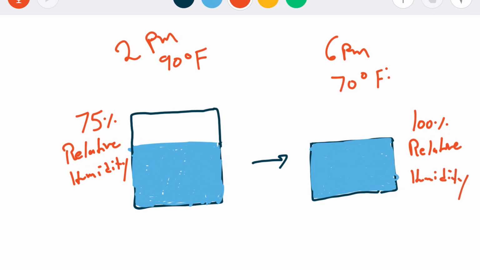And when the air reaches 100% relative humidity, we call whatever that temperature is for the day our dew point. So in this particular example, 70 degrees Fahrenheit was our dew point. And it could either start raining or it could condense the air back into water droplets from being a gas.